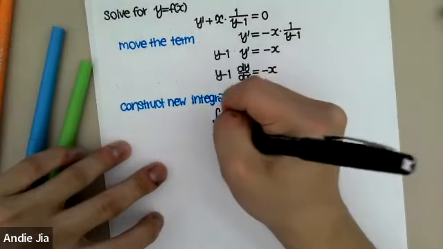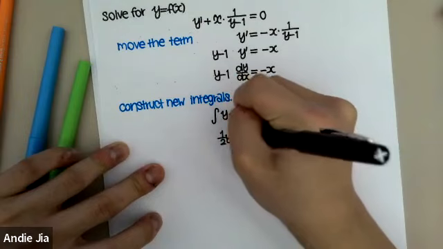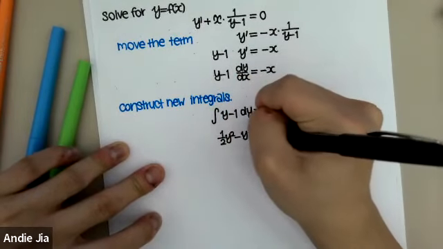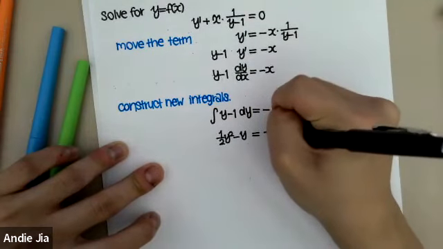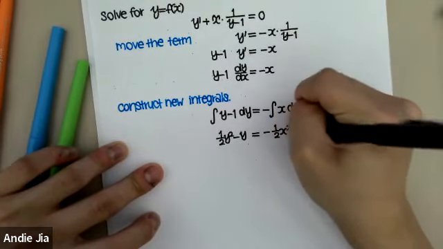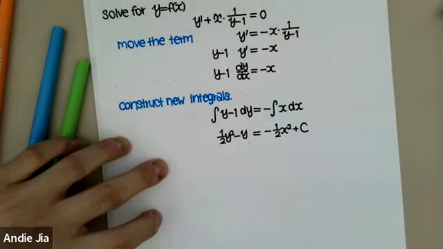So it is going to be 1/2 y squared minus y equal to negative 1/2 x squared plus a constant of integration. And now we have this expression.